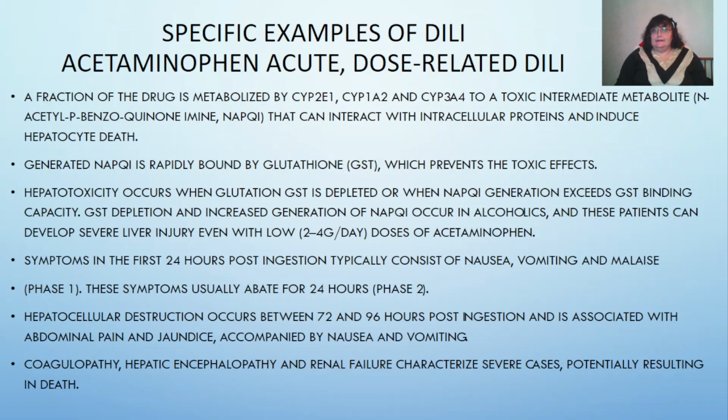Phase 1: the symptoms usually abate for 24 hours. Phase 2: hepatocellular destruction occurs between 72 and 94 hours post-ingestion and is associated with abdominal pain and jaundice accompanied by nausea and vomiting. Coagulopathy, hepatic encephalopathy, and renal failure characterize severe cases, potentially resulting in death.